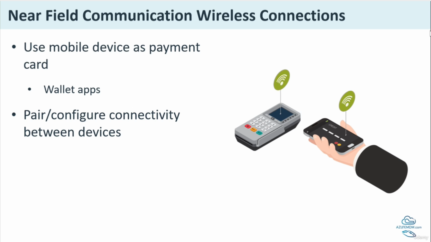You can see in this picture, you just have to put your phone near the payment device, okay? And this connects to each other via NFC, near field communication. This is how nowadays most people are paying in malls, in restaurants, especially in European and US countries.